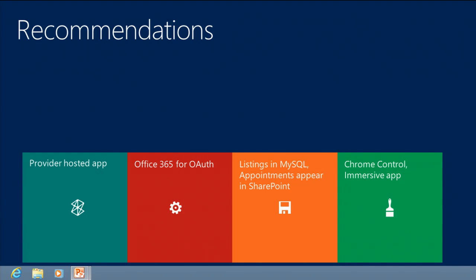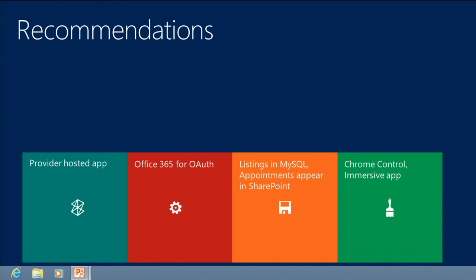We're going to continue using the existing solution as it is. We're going to surface it into SharePoint, and we're going to use Office 365. And this is going to be key because we'll use that to leverage OAuth, using the access control services in ACS, and we'll explain OAuth here in just a moment, of why this was an important decision point.